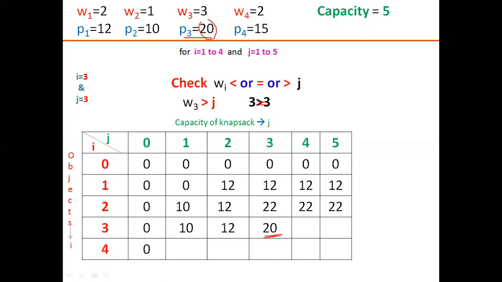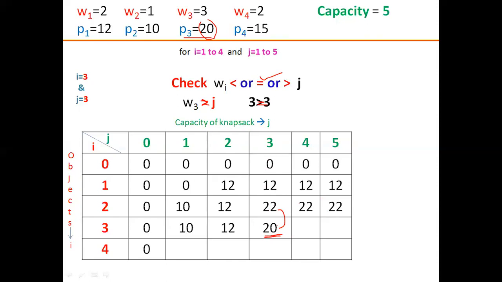Is any capacity left? No, because current capacity is 3, and the weight of the object is also 3. So I'll be earning the profit as P3, which is 20. Now, my current profit is 20. But what is the previous profit? 22. Previous profit is greater than my current profit.